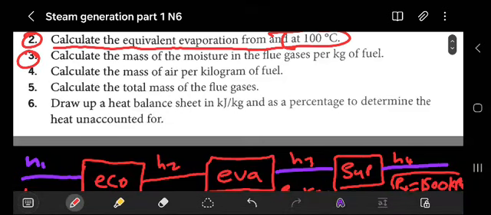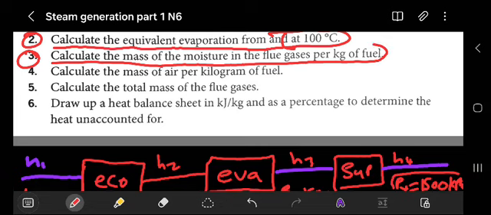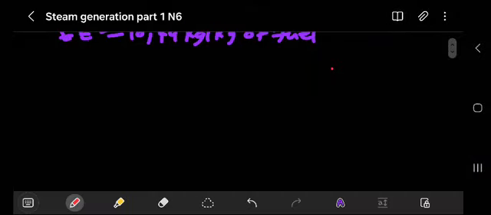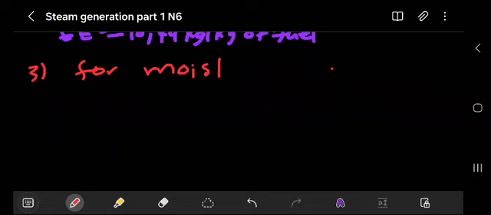Question 3 says calculate the mass of the moisture in flue gases per kg of fuel. Number 3. I've discussed the moisture. If you've watched my previous video, remember we've discussed the most important formula for moisture.